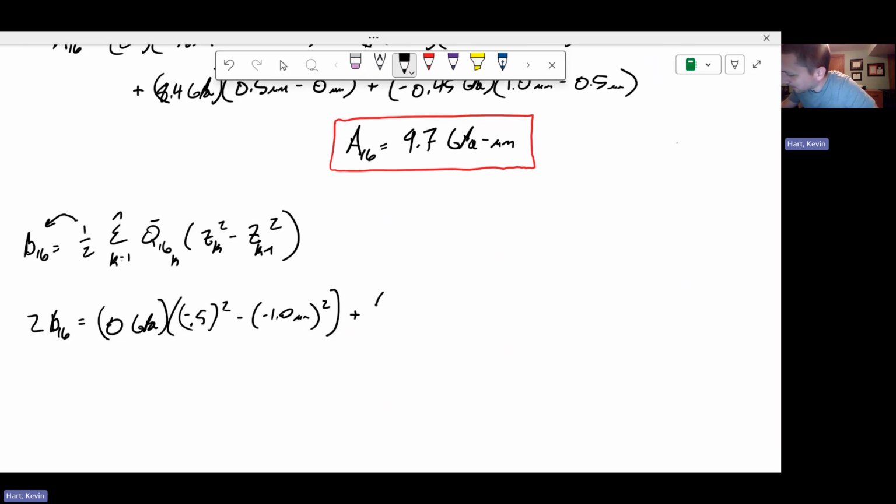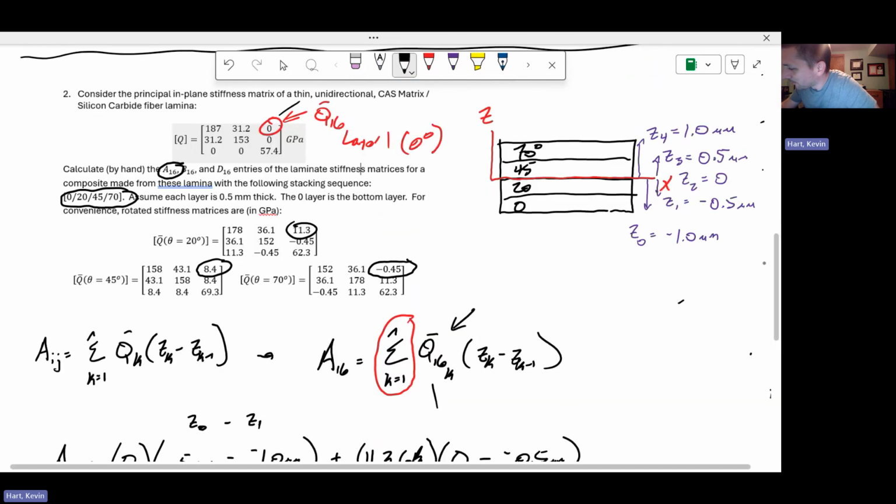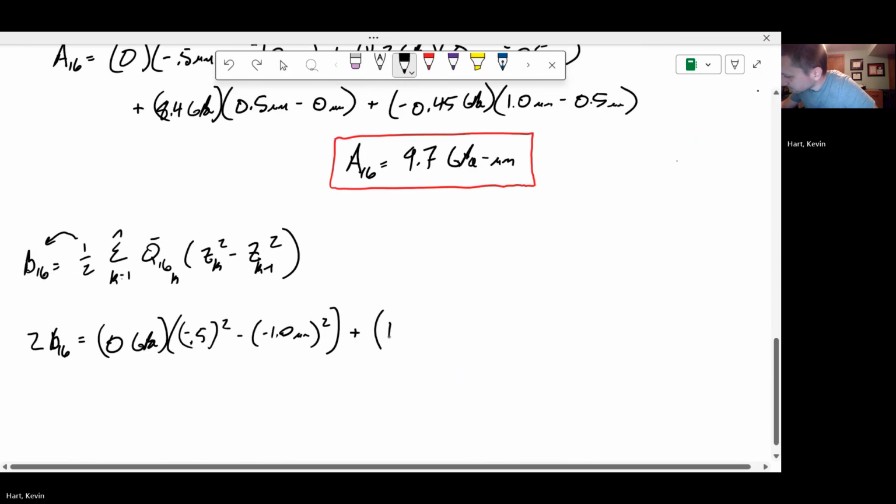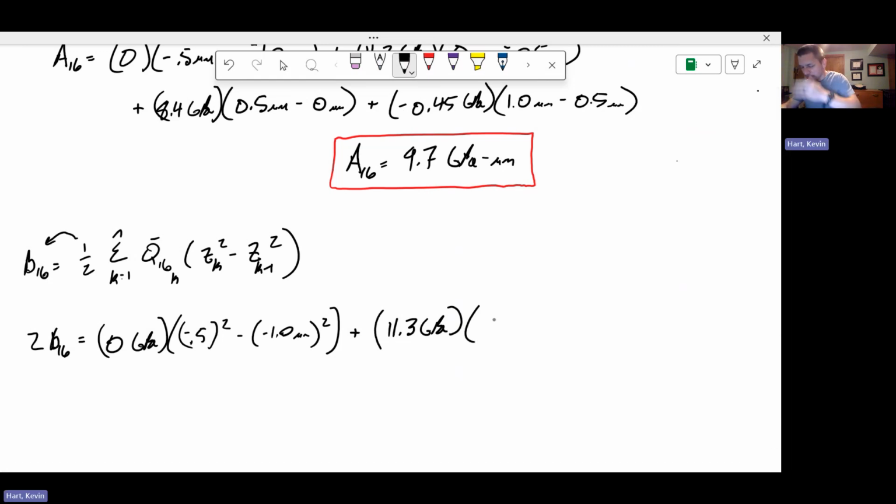All right, the second layer, what's the 16 entry of the second layer? Back up here again, that's 11.3 GPa, multiplied by Z2 squared minus Z1 squared. Z2 is 0 squared minus Z1, which is negative 0.5 millimeters squared.